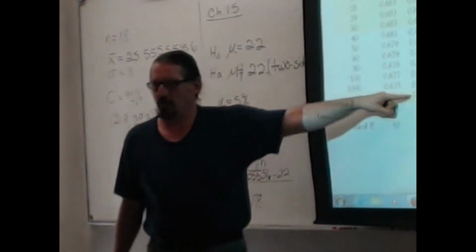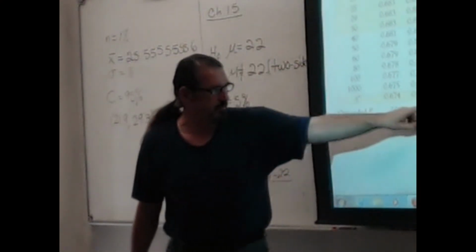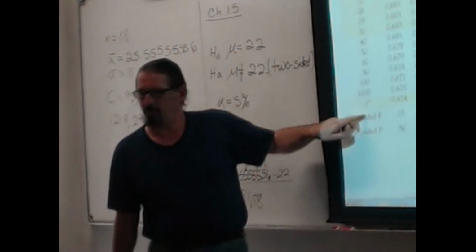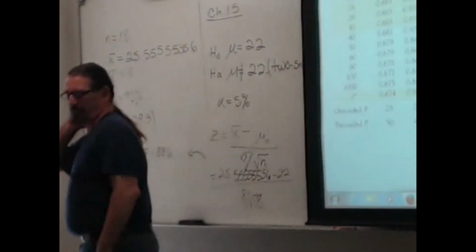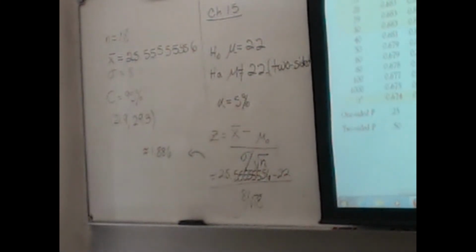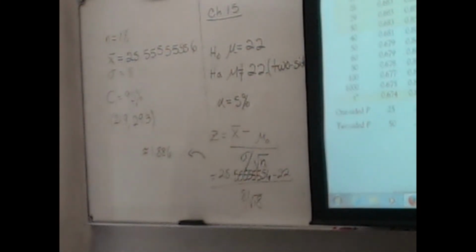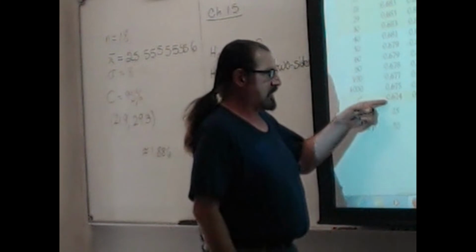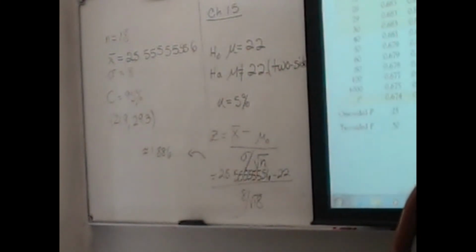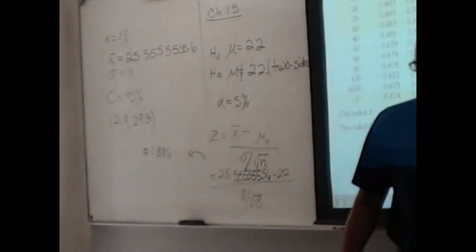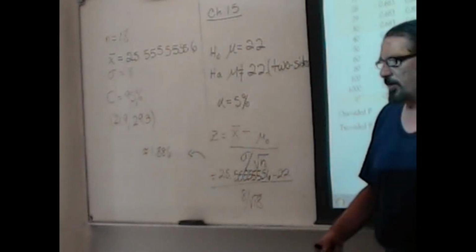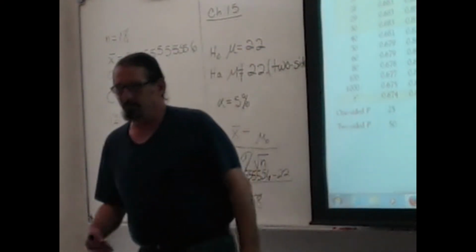As z gets smaller, what happens to any of these p-values, either in the one-sided p row or in the two-sided p row? They get larger. Go the other direction, as z gets bigger, look at either row, the probabilities, the p-values get smaller. So what's that say?